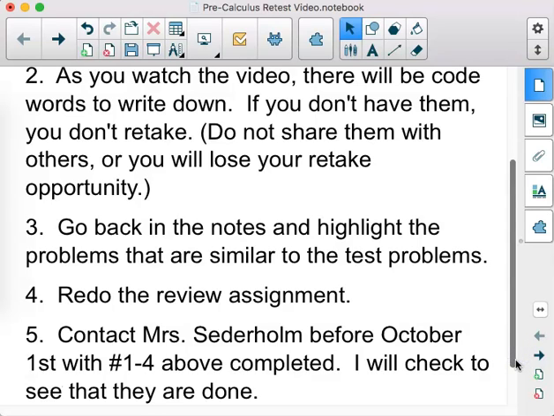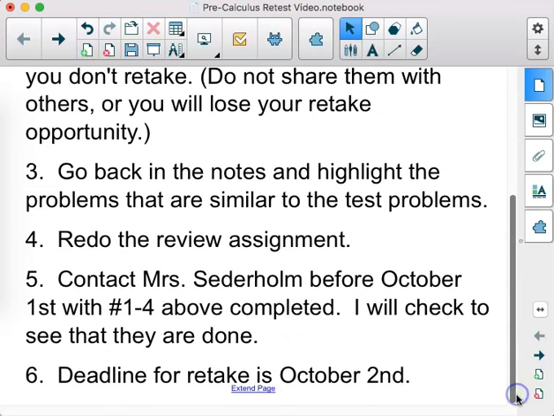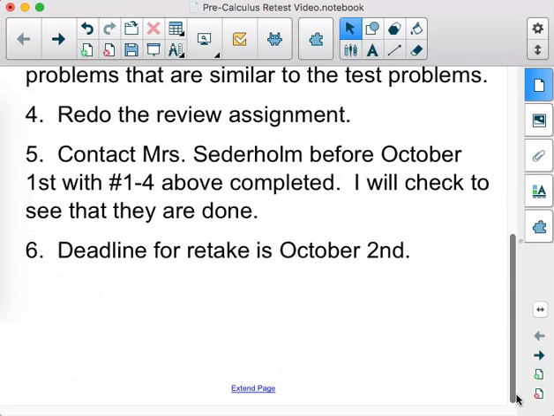We had something very, very similar to it in your notes. So highlight those. Redo that review assignment, start to finish. Redo it. Throw out whatever you had before. You need to redo it if you want to do well. And then get a hold of me. And I'll take a look at all the things that you've done so far. And we'll get that retake scheduled for you.